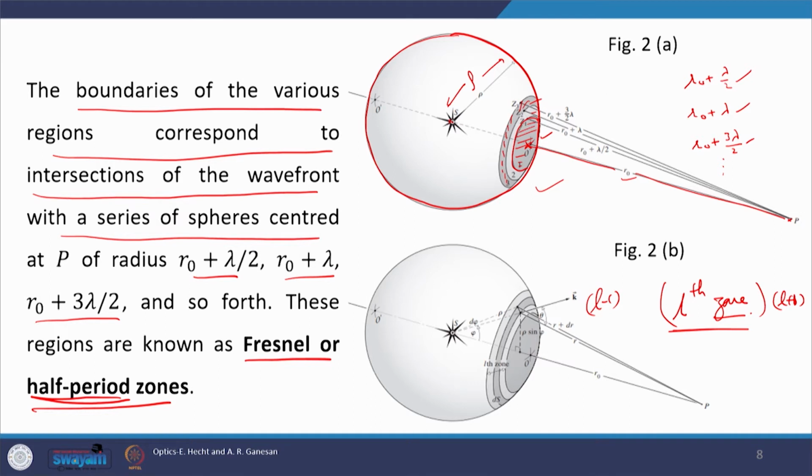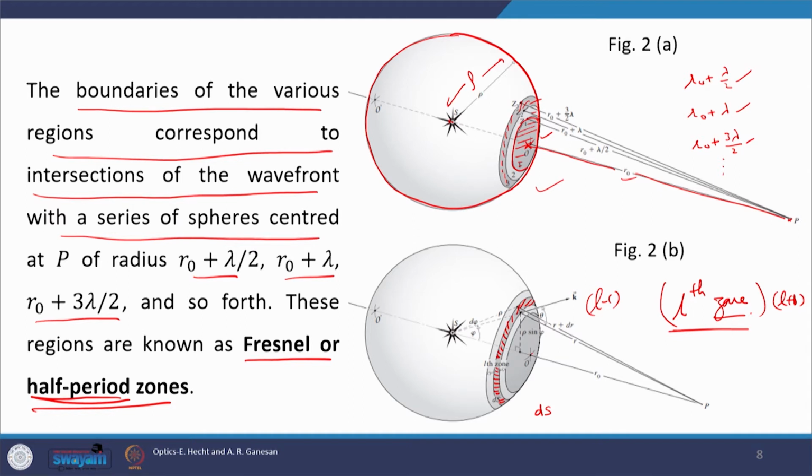Now, we assume that this zone has boundaries, let me explain it here. Suppose this is the zone which we are interested in. I am shading this zone, and the area of this zone is ds.